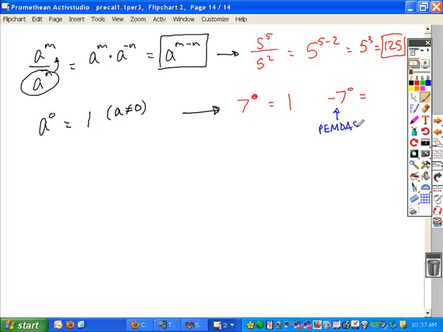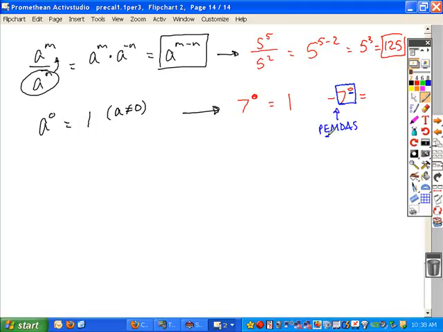As far as the anatomy of an exponent, you have a base and you have a power. Unless there are grouping symbols, the power only applies to the base it's attached to. Is the base that the power applies to 7 or negative 7? It's a 7. So you have to do order of operations. So here is where exponents fall.